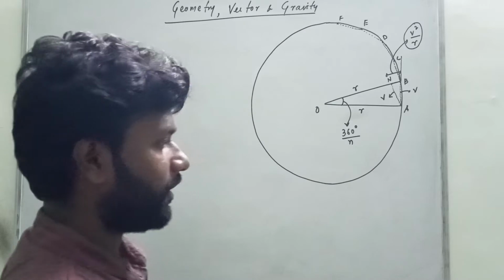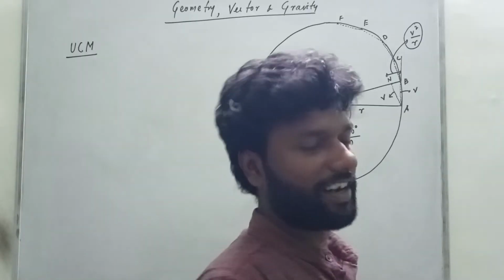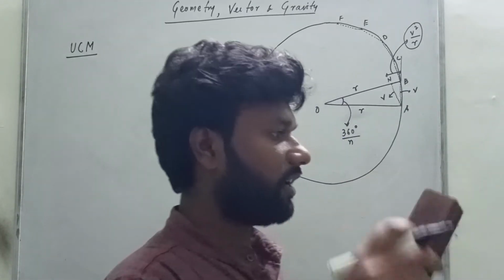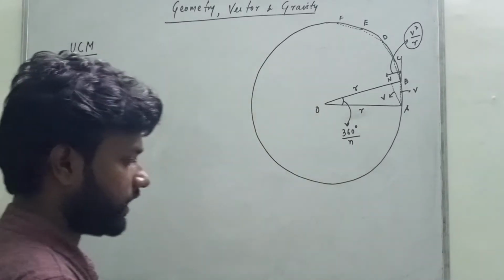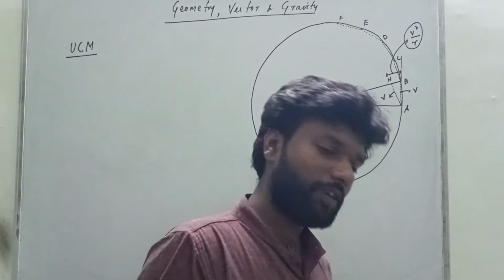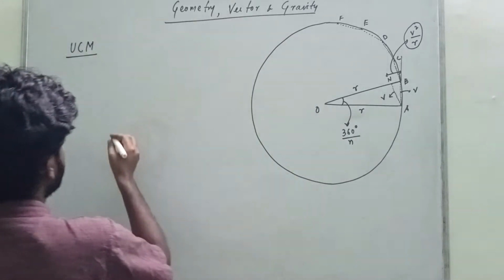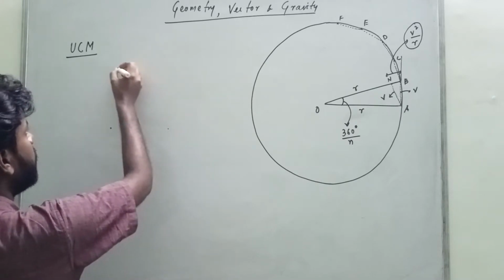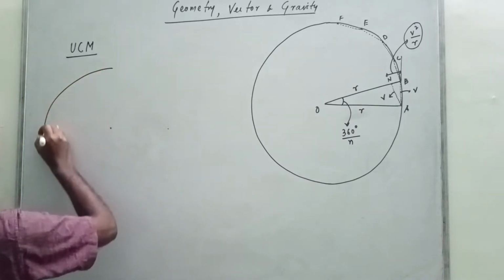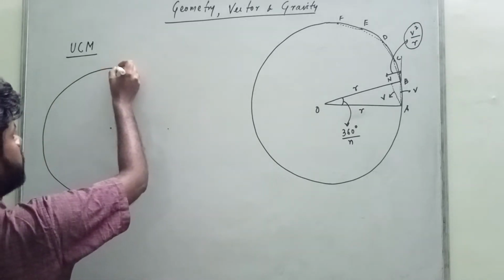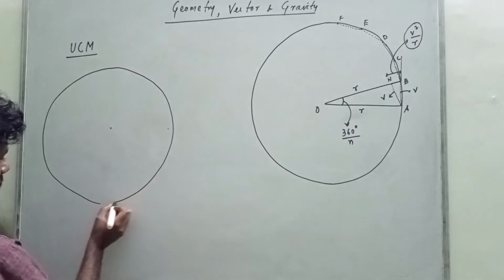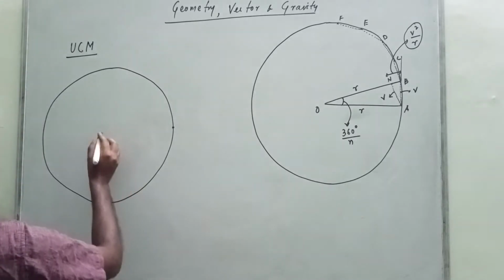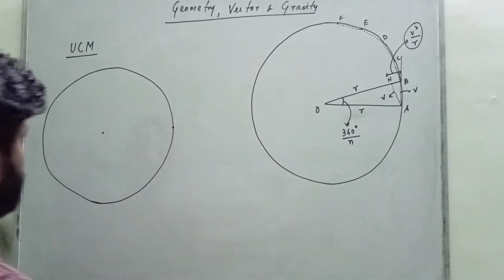If an object or a particle traces a circular path, then the motion of the particle or object is called circular motion.